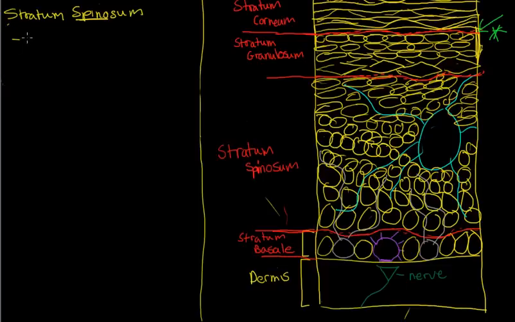And what this has are bundles of intermediate filaments between them, which is one of the 3 types of cytoskeletal filaments, called prekeratin.